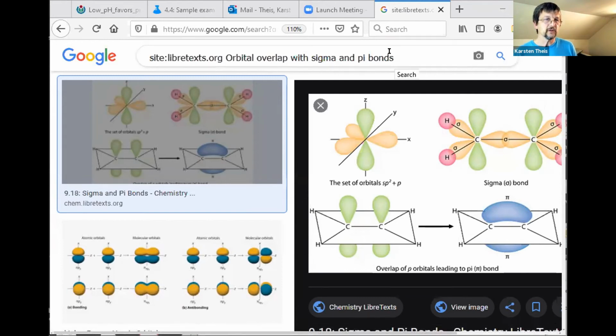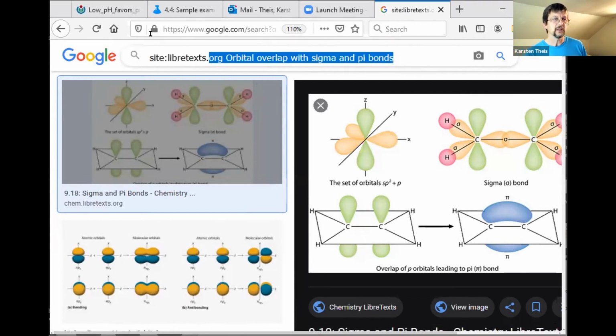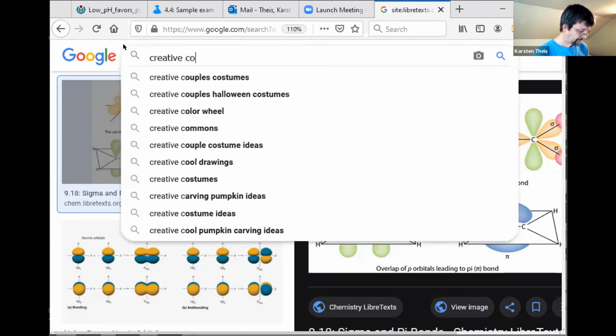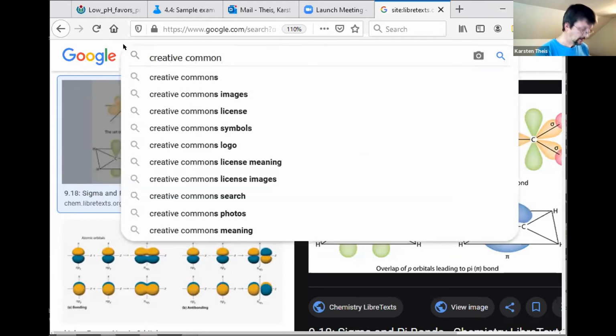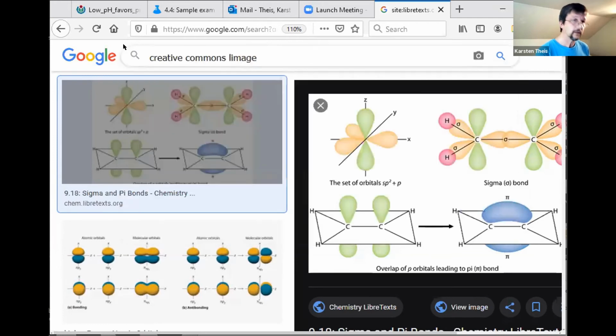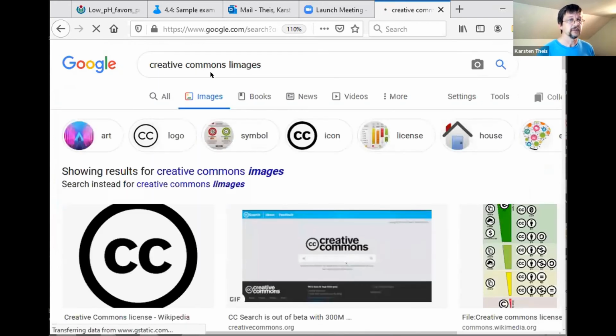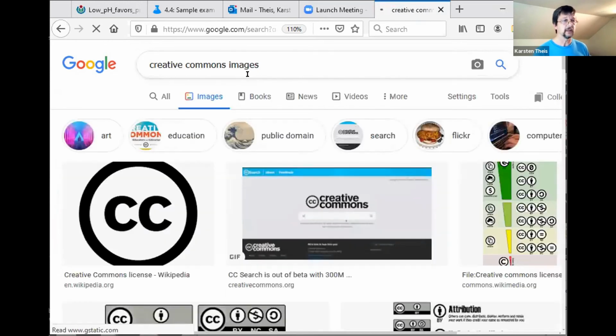There's also a way of searching on Creative Commons. They have a special search engine.